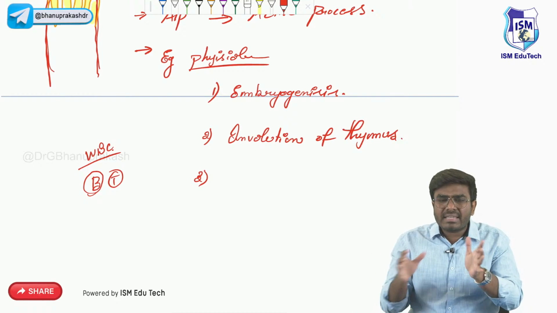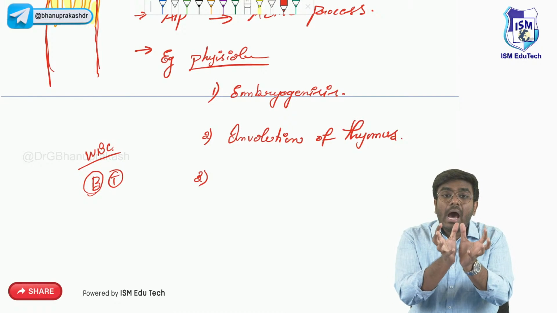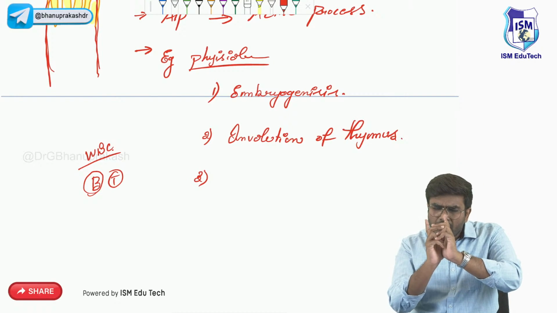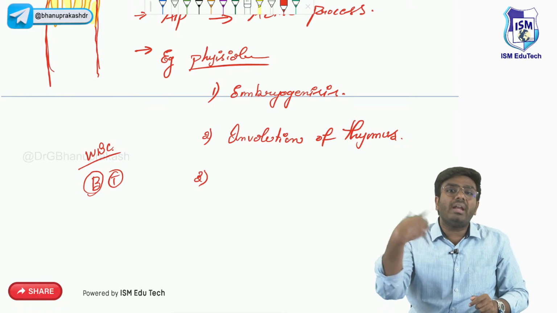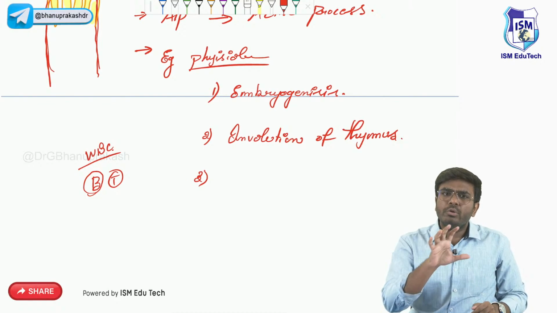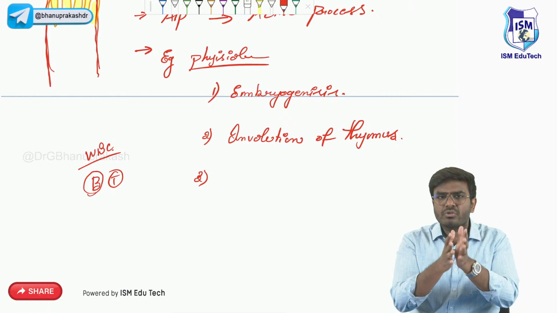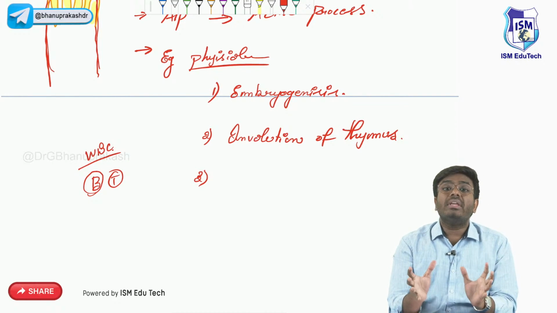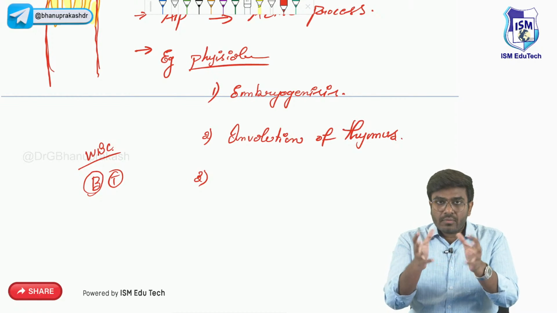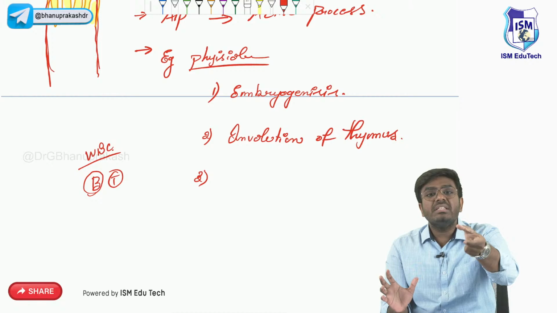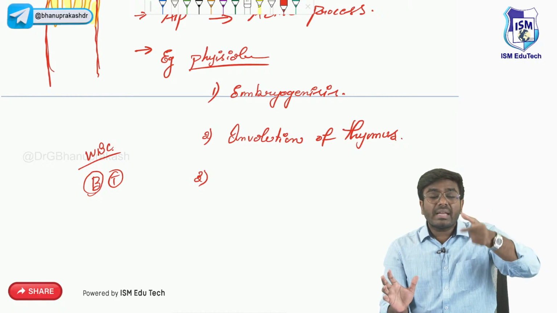So what exactly is happening during that maturation? B cells and T cells are trained in such a way that they will only recognize and attack the foreign antigens, not the self antigens. For example, if 100 students are studying in your university, will all of them graduate? No, definitely not, right? So even during this maturation process, imagine there is a B lymphocyte which is self-reactive, attacking our own body cells.